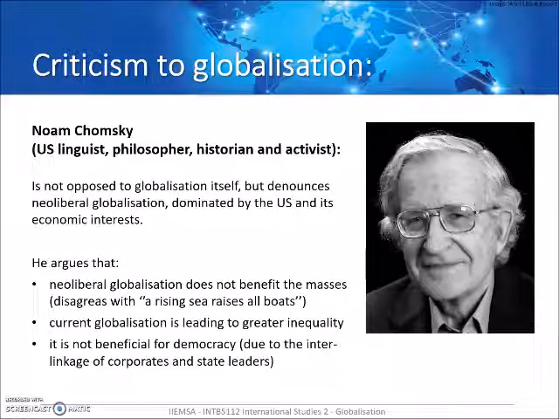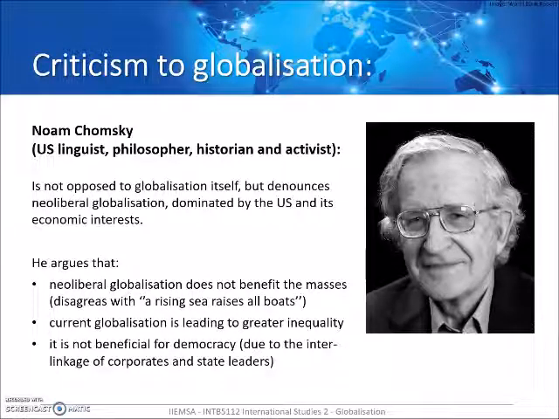What he also argues is that current neoliberal globalization is not beneficial for democracy, because multinational corporations have become too strong and are therefore able to corrupt state leaders, and there is too much of an interlinkage between corporates and state leaders, which negatively affects democracy. So this is also one of the very important criticisms.